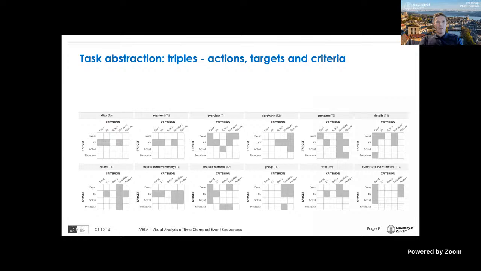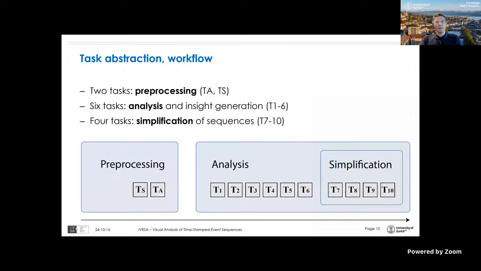And this applies for all 12 tasks that we abstracted. And this is just the signature of it using the triplets of actions, targets, and criteria by which a task is executed. We can also align these 12 tasks in a workflow. We identified in all 6 cases that segmentation and alignment can always be done as a pre-process because they tend to be rather static throughout the analysis.